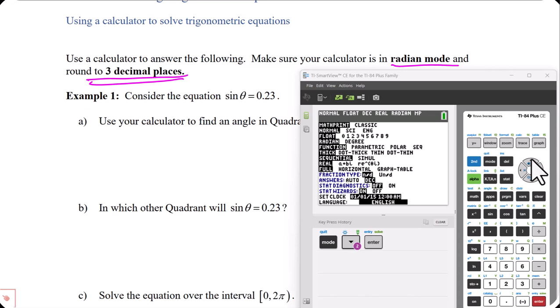If I go up to float, float means it'll put the decimal where it thinks it should go best. But if we know better, we can go over to 3 decimal places and press enter. Now everything is 3 decimal places. If you want to go back to float later, you can.